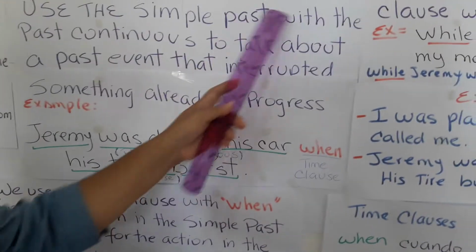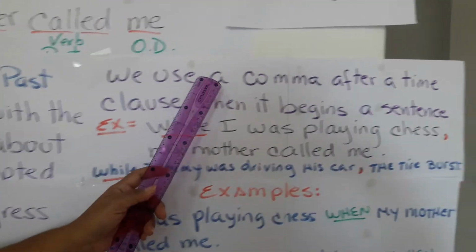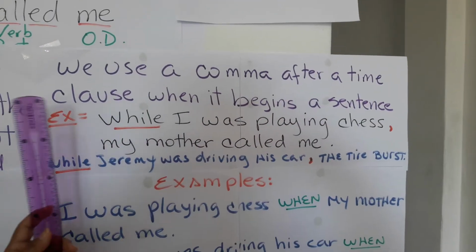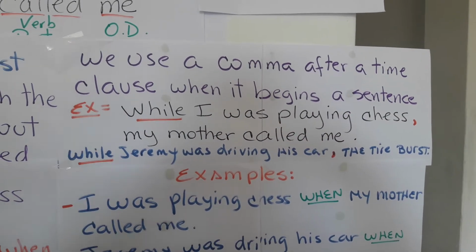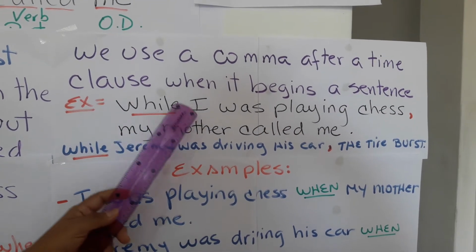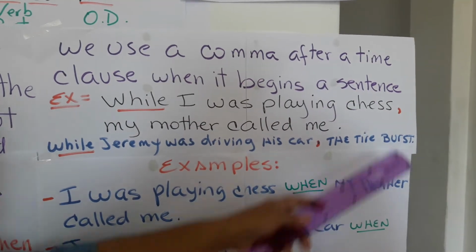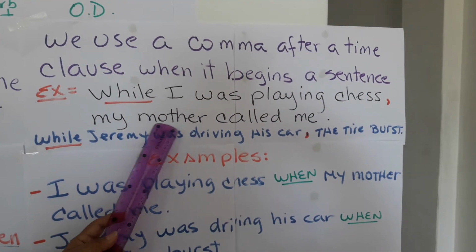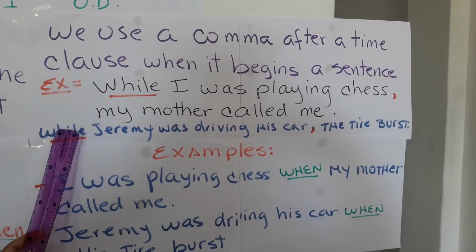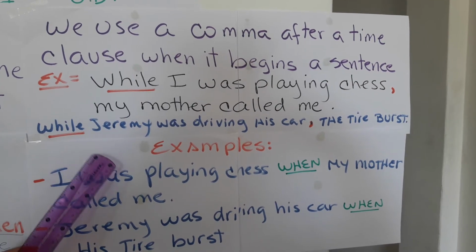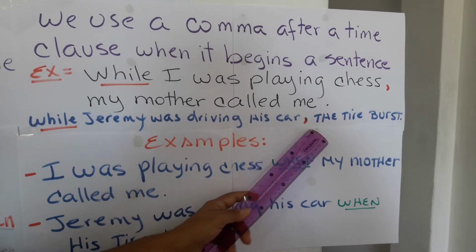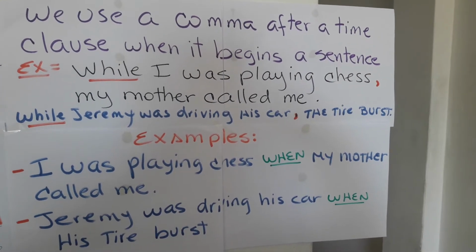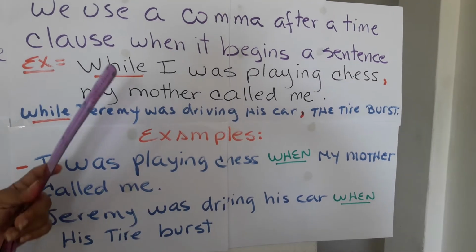So we use a comma after a time clause when it begins a sentence. Example, while I was playing chess, comma, my mother called me, with while. In this case I have with Jeremy: While Jeremy was driving his car, comma, the tire burst. Okay, that is one example with while.